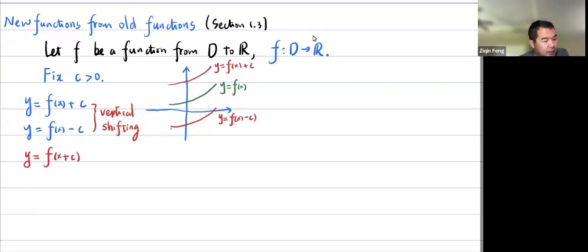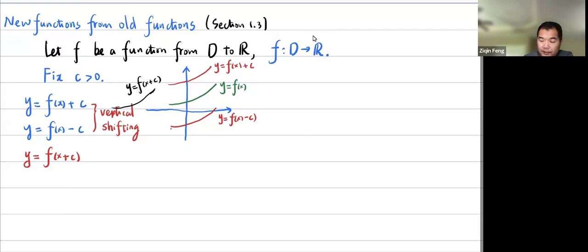To get the graph of this function, you shift the original one to the left. Let me use the black one to represent this function. So this is y equals f of x plus c.